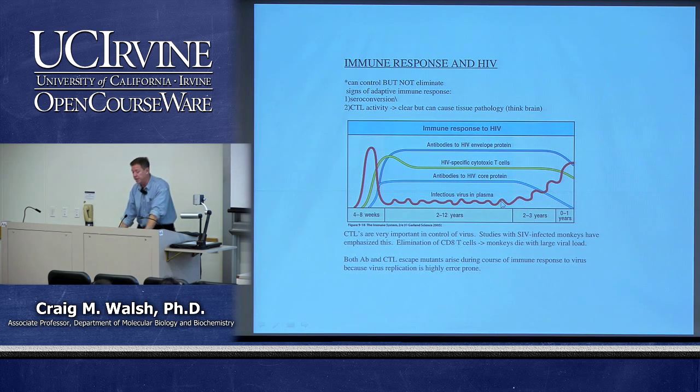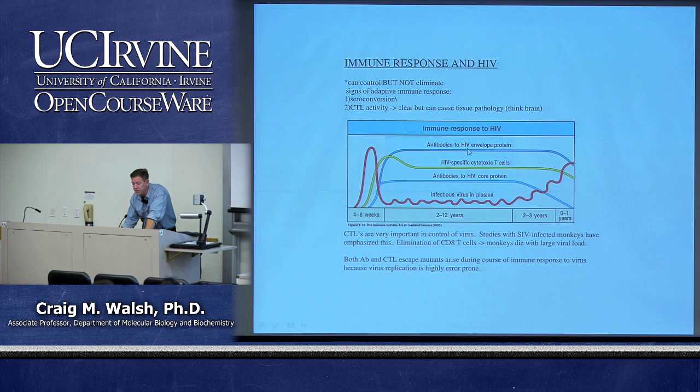But if you look at some of the immune parameters, here you have HIV-specific CD8 positive cytotoxic cells. Within the first couple of weeks, you start to get this CD8 response, which we know is very important in controlling the virus. You also start to generate antibodies, one to the envelope protein and another to the core protein, which are also key in controlling this.